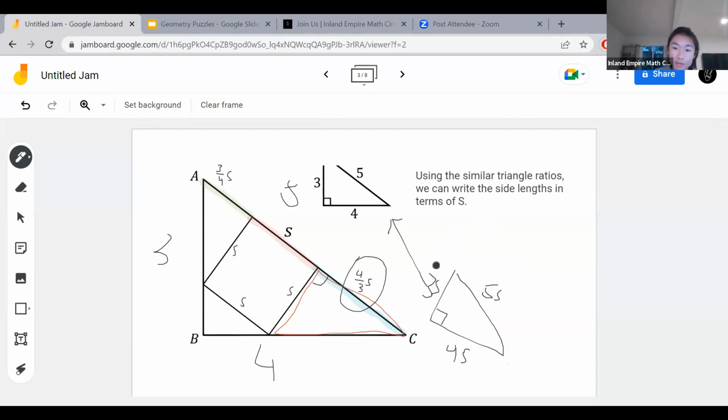So if we divide by 3, this here becomes S. This here, 5S divided by 3, will simply give us 5/3 S, or 5 divided by 3 S. And then 4S will simply become 4/3 S. All right, okay, we good?